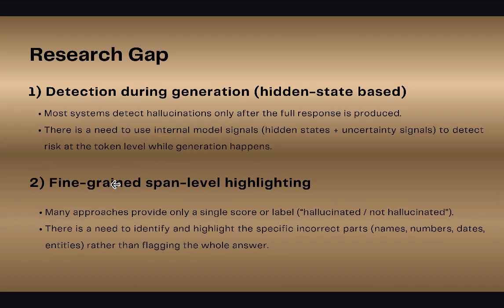The second research gap is that many approaches only give one final label, like hallucinated or not hallucinated. But in real use, it is more helpful to highlight the specific incorrect part, like a wrong name, number, date, or entity, instead of blaming the whole answer.